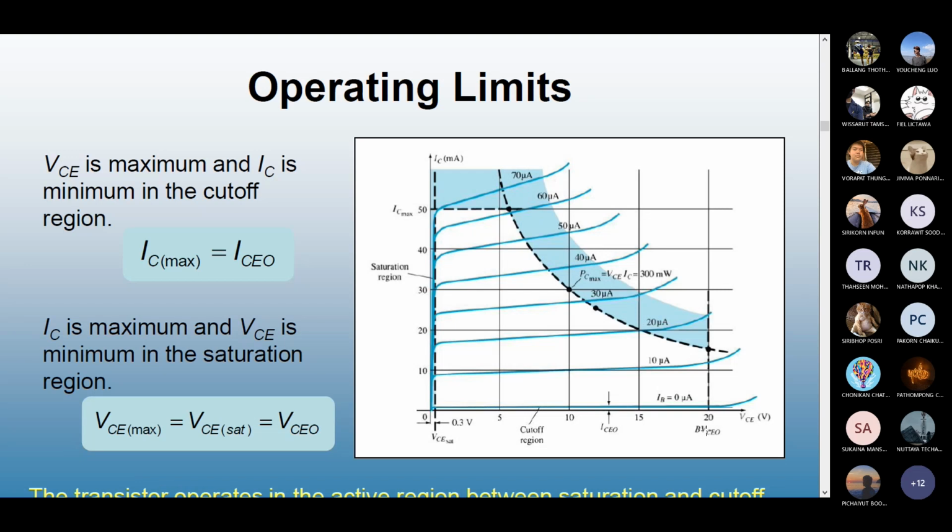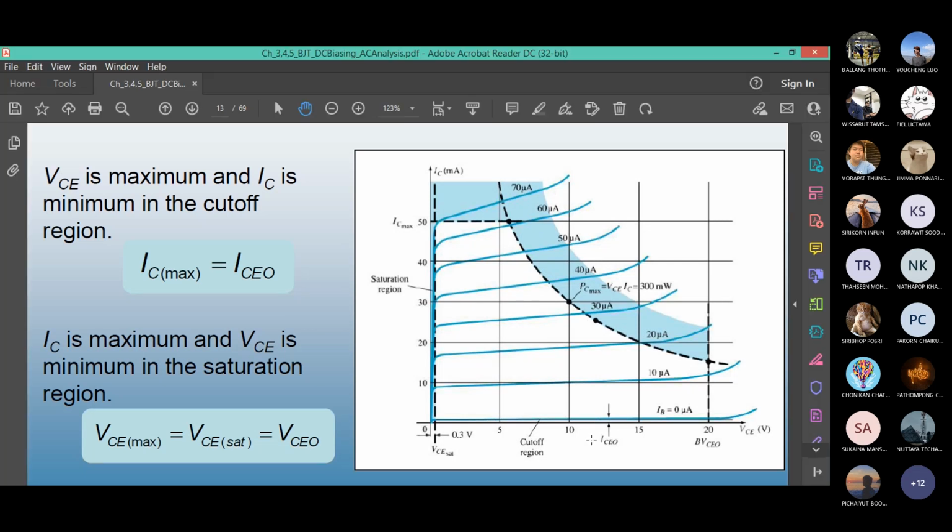So it is a breakdown voltage. VCE sat, the saturation voltage between collector to emitter when you are operating in the saturation region. So what is the maximum possible current? That is the ICEO in the cutoff region. Let me zoom in actually.